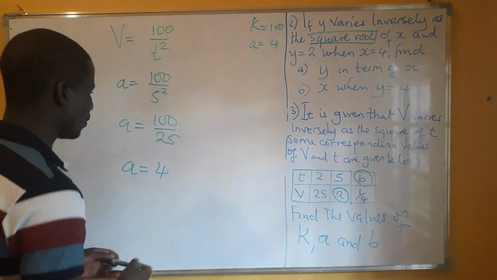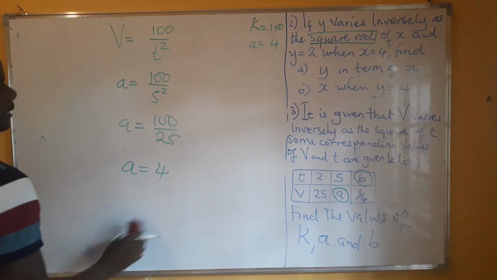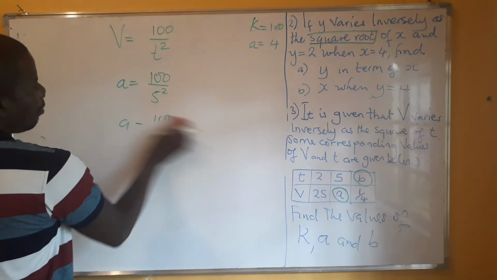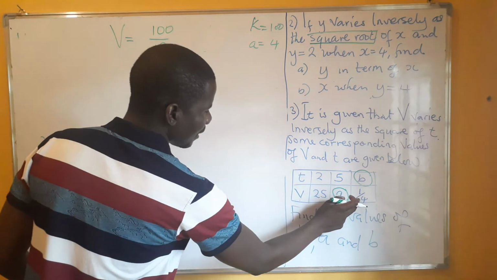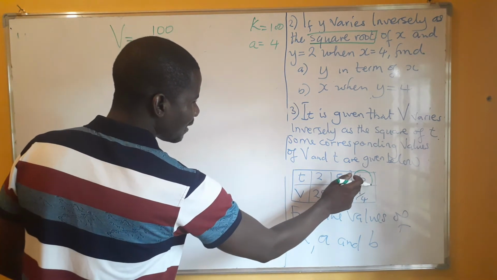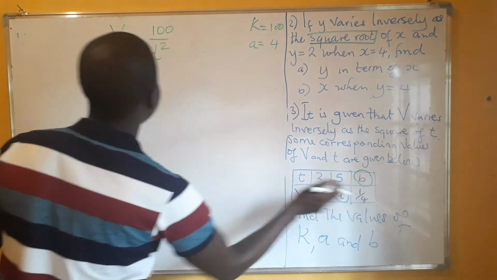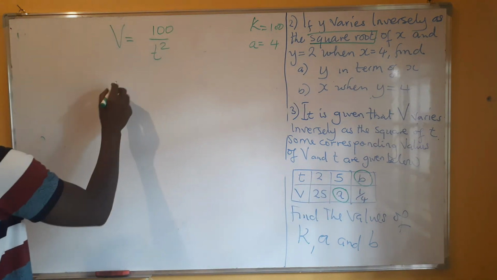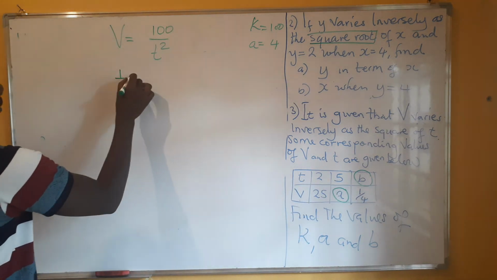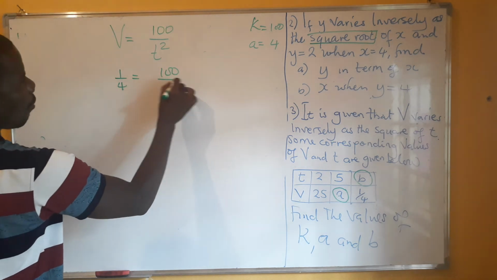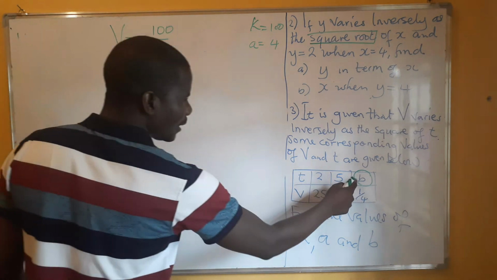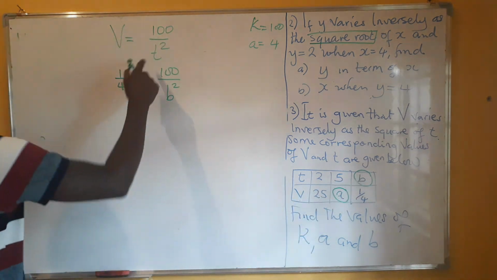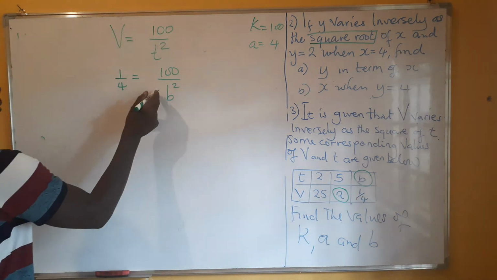Then we go to the last one now, b. So b, it is the opposite. We want the value of t when v is given. v here has been given as 1 over 4. So 1 over 4 equals 100 over b squared. That is what we have. On t, we have b squared. So at this point, we need to cross multiply.